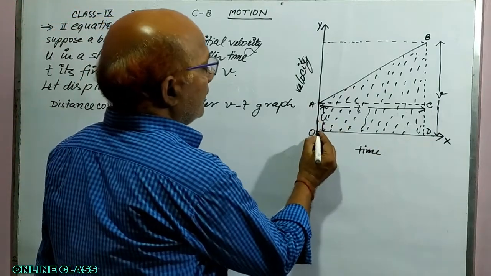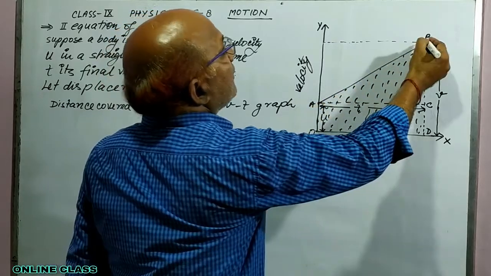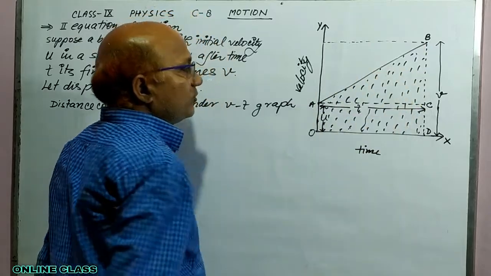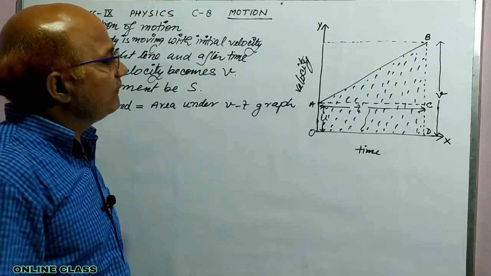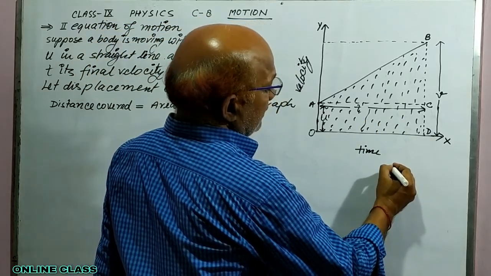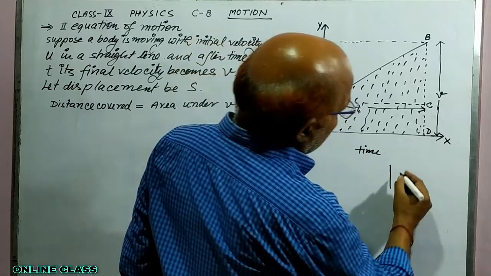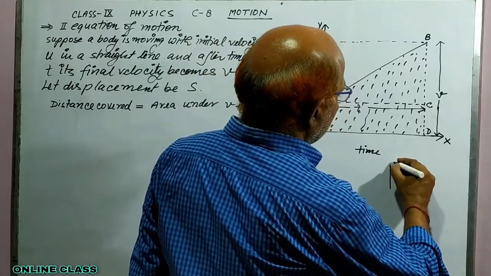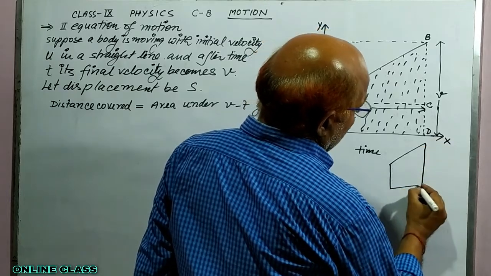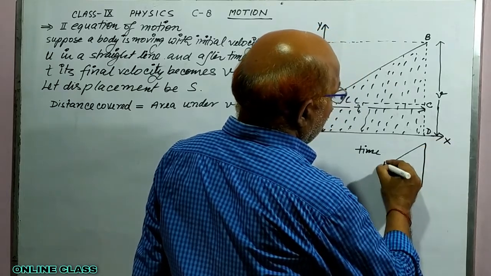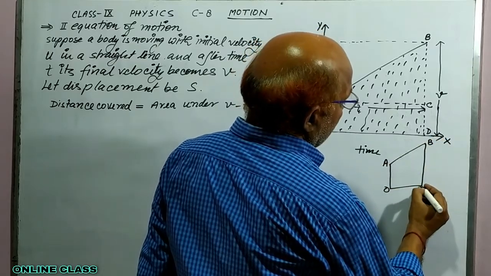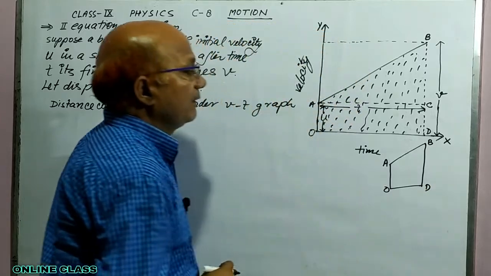Now, you can see O, A, B and D. This whole diagram shows the area under the VT graph. We can draw it separately. You can see the diagram is something like this: O, A, B, D. Okay.